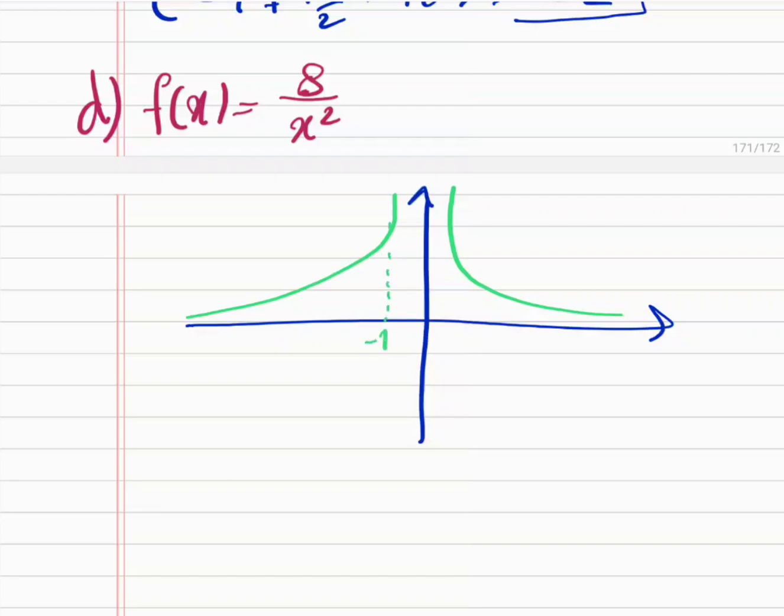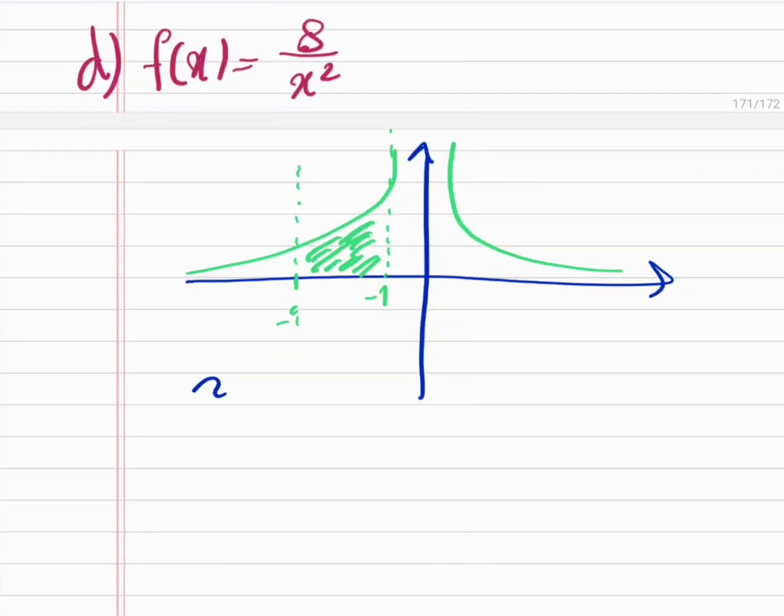Let's say that's roughly here, and then the other one is -4, so it's roughly here, and this is the region we want to find the area of. So we again integrate the function 8 over x squared, and the limits are -1 and -4. -1 is the upper limit.